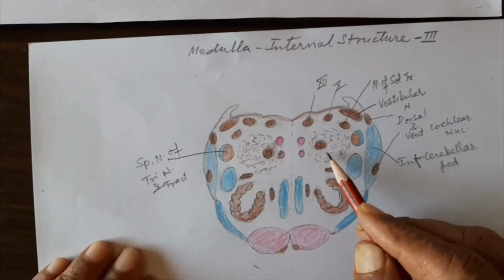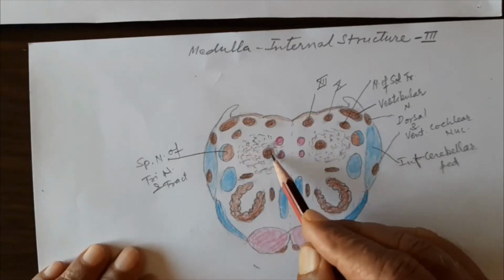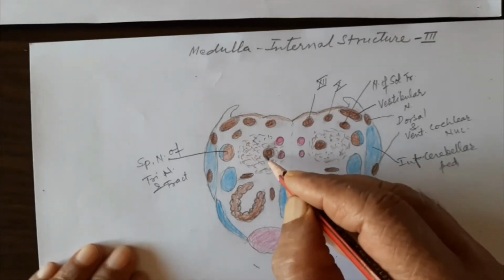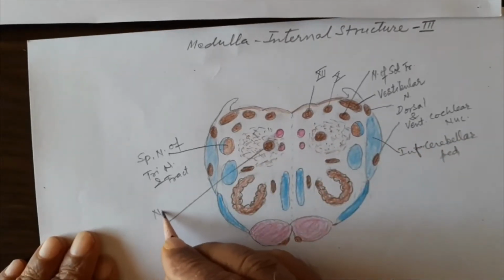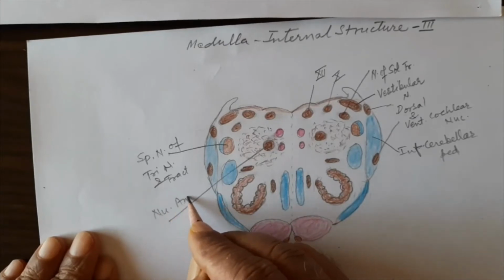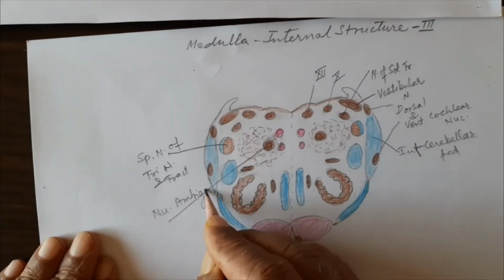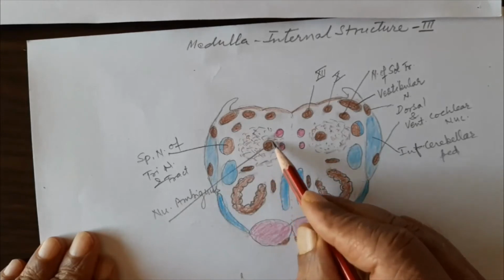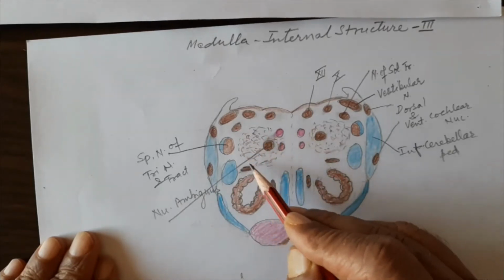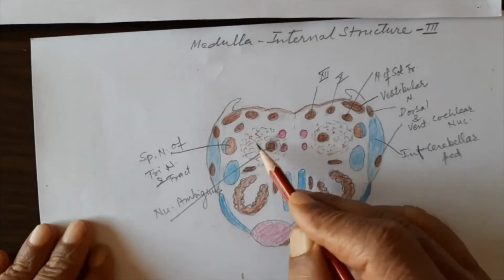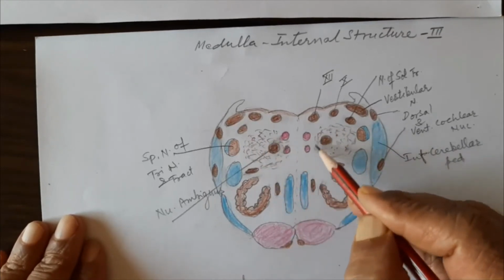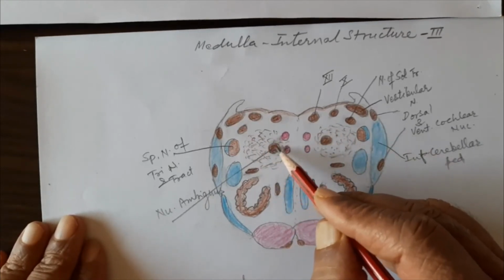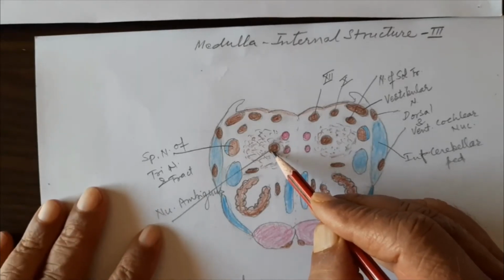Then the nucleus ambiguus. I will write it here: nucleus ambiguus. It is present here in the reticular formation, a network of fibers and nerve cells, in the center of which the nucleus ambiguus is seen.